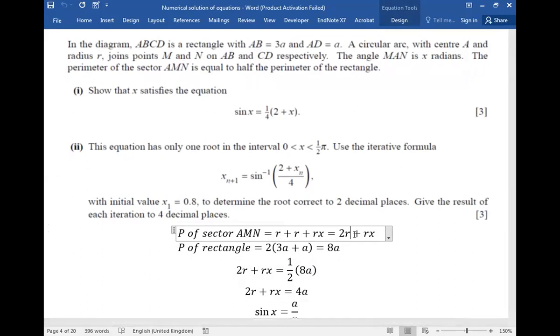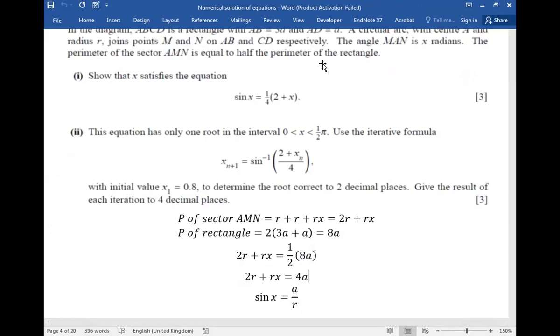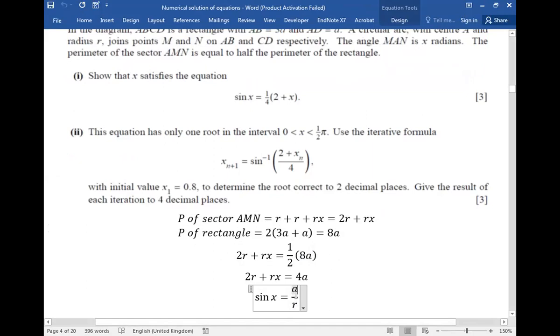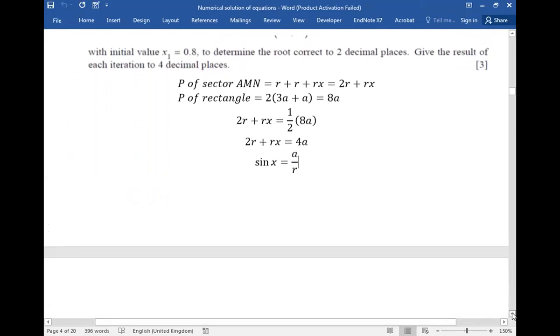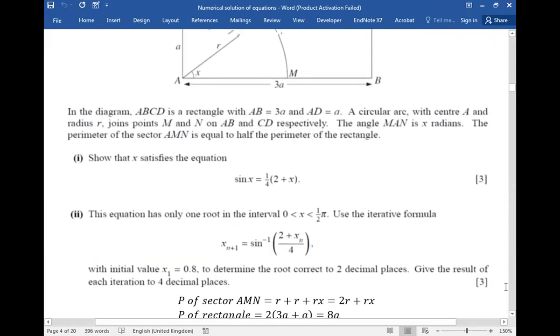This will help us in coming to this equation, which is sin x is equal to a upon r. How else can we find a ratio between a and r?